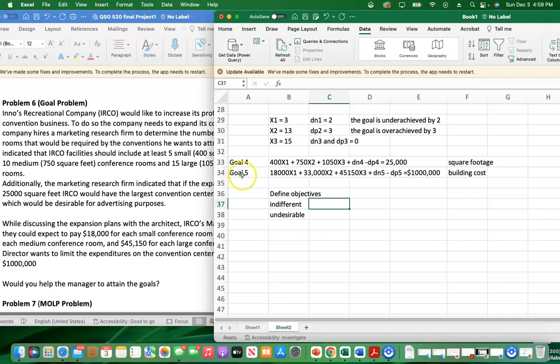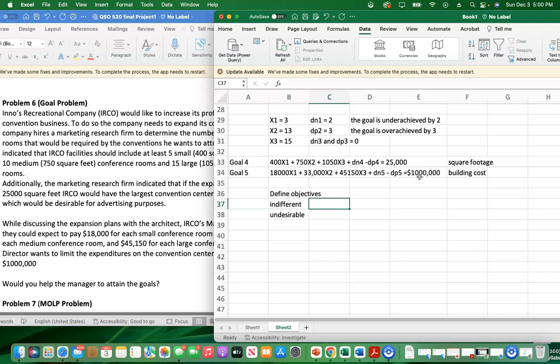Now let's look at goal number 5, meaning that the company would like to spend $1 million as a building cost, and it can spend a little bit more, but that is not what the company desires. It can spend $1 million, which is accepted, but also if it spends less than $1 million, that is indifferent.